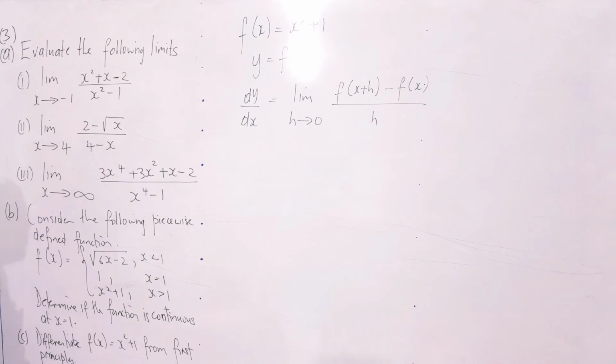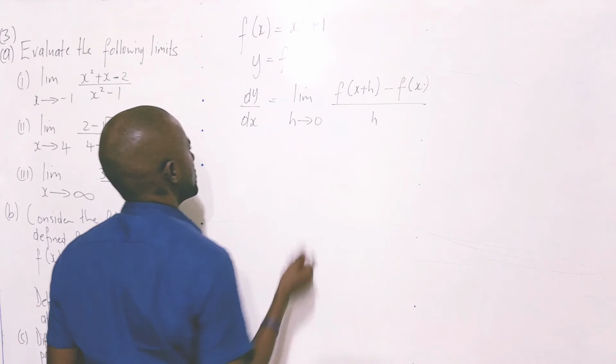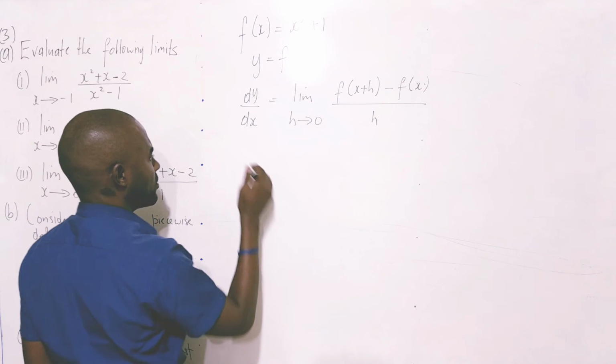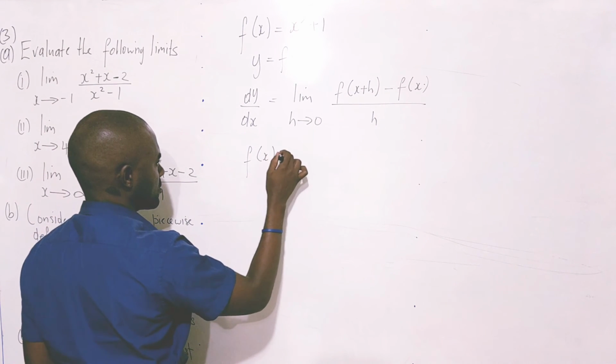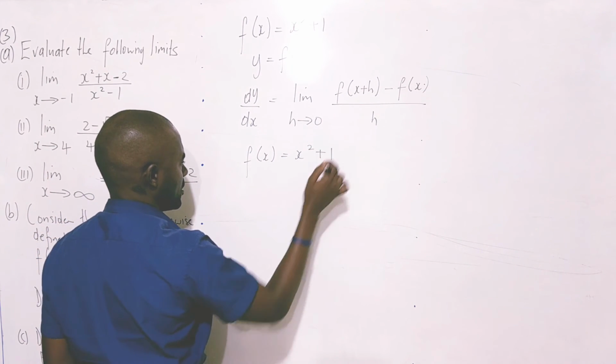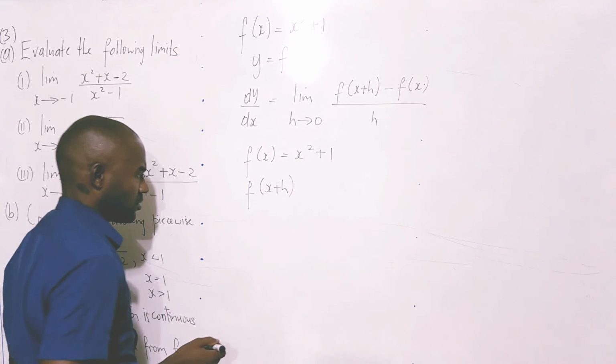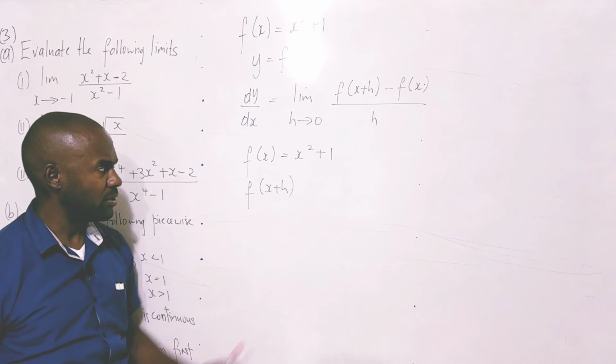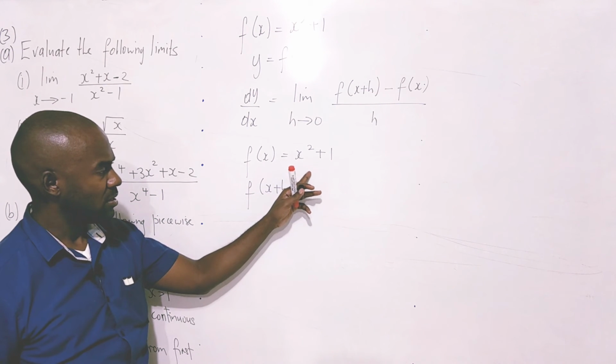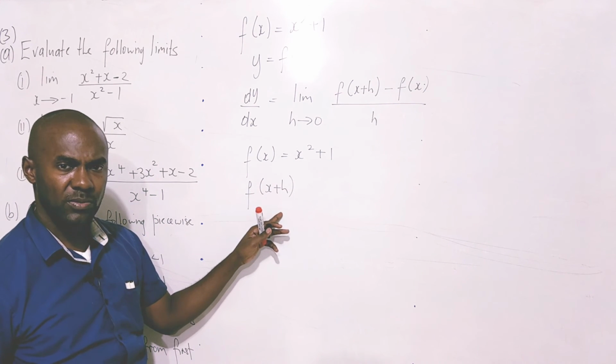So in this particular case, the function is x squared plus 1. So f of x is equal to x squared plus 1. To obtain f of x plus h, we basically replace x in f of x with x plus h.